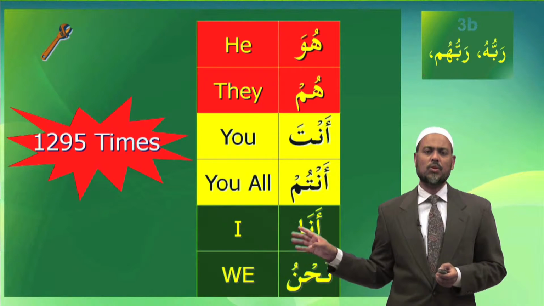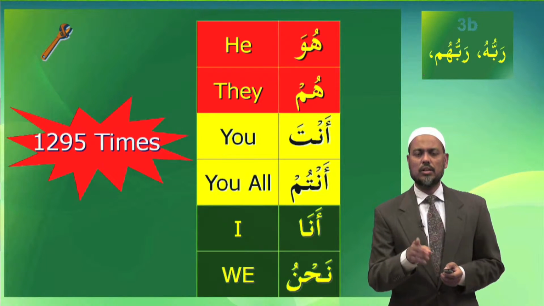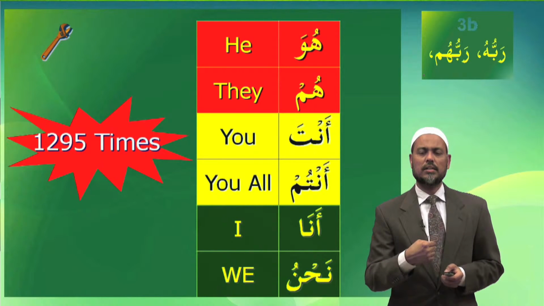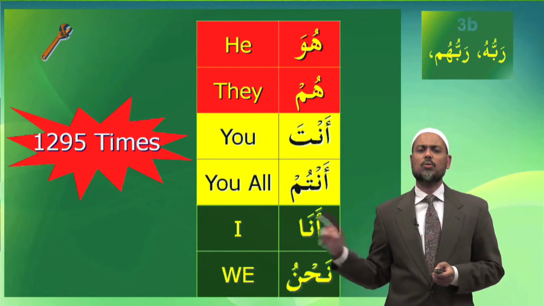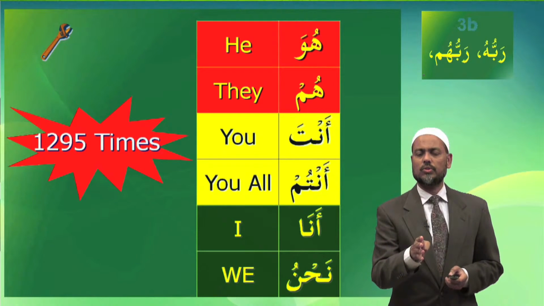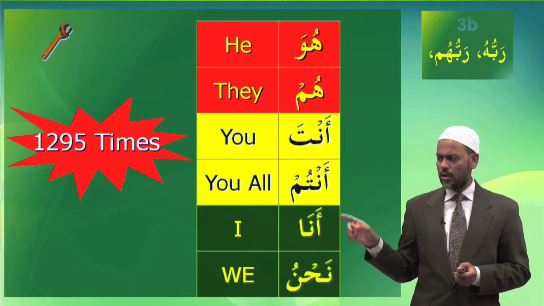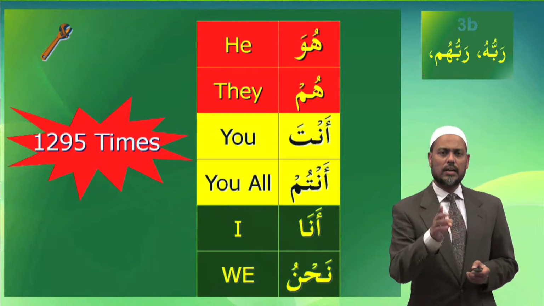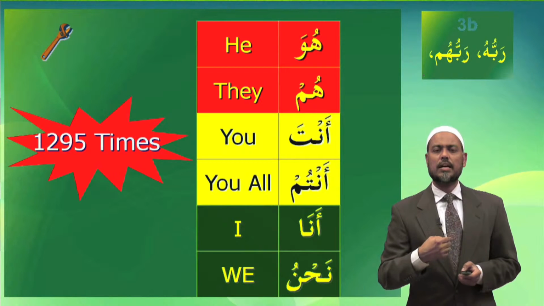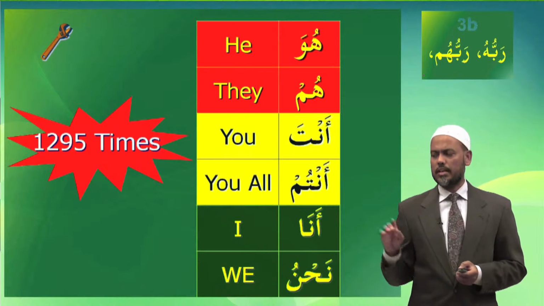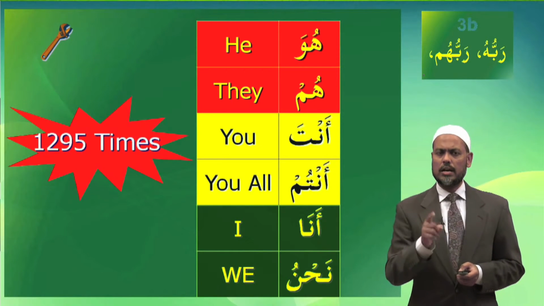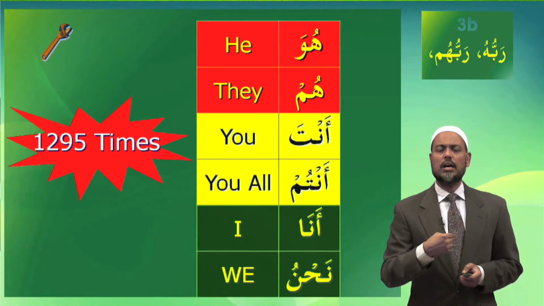Huwa, he, hum, they, anta, you, antum, you all, ana, I, nahnu, we. Repeat after me again, one last time: huwa, hum, anta, antum, ana, nahnu.